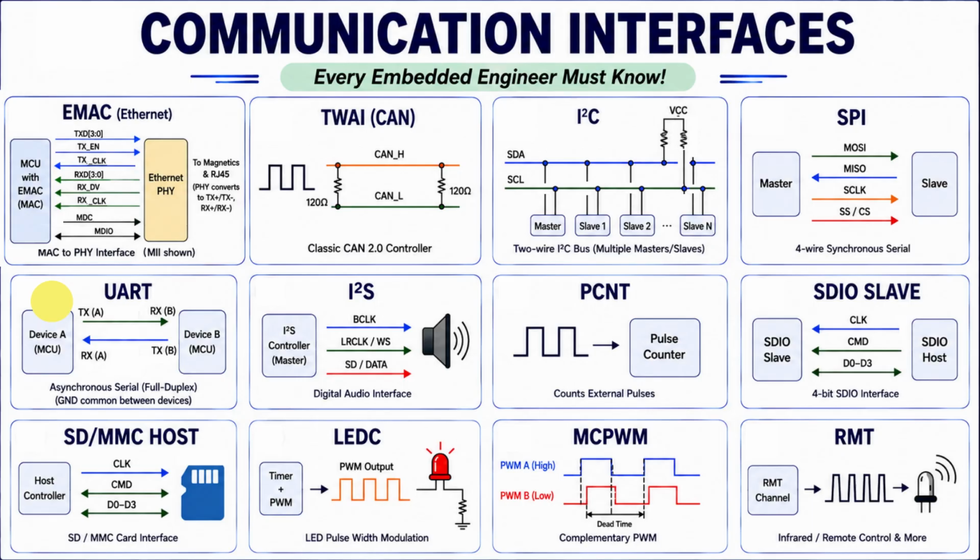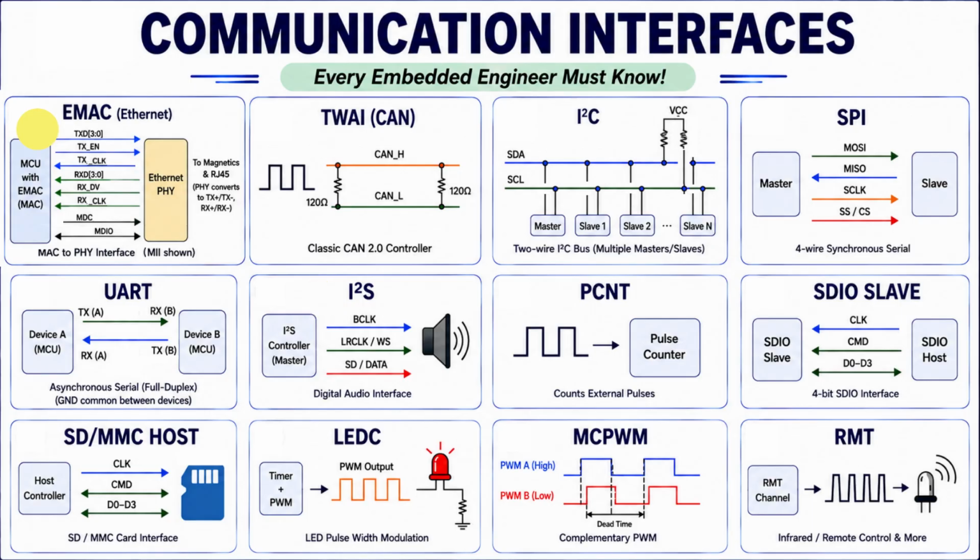UART gives us asynchronous full duplex communication. SPI gives us fast synchronous master-driven full duplex communication. I²C gives us a two-wire shared bus where multiple devices can communicate using addresses. And I²S gives us a simple synchronous stream design specifically for digital audio.